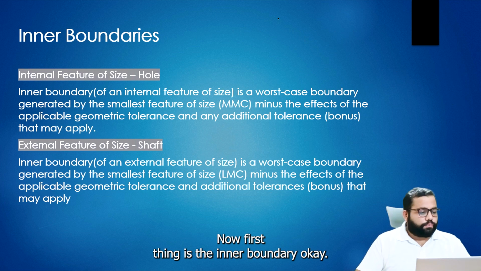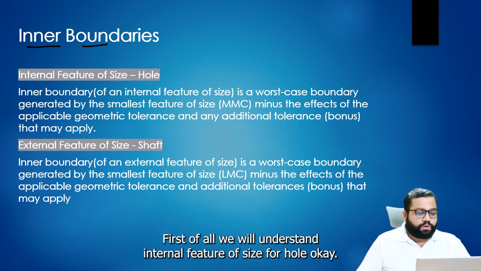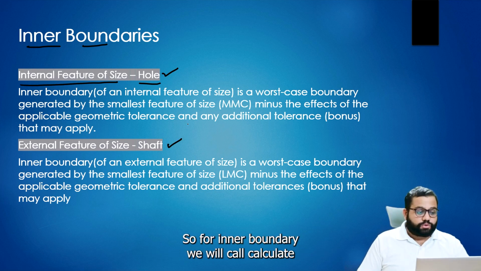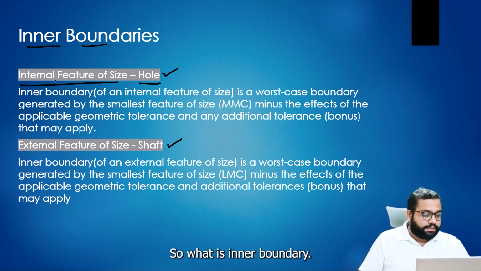Now the first thing is the inner boundary. What is the inner boundary? First of all, we will understand the internal feature of size, the hole. We are going to calculate the inner boundary for the hole as well as for the shaft, that is, for the internal feature of size or hole and the external feature of size or shaft.